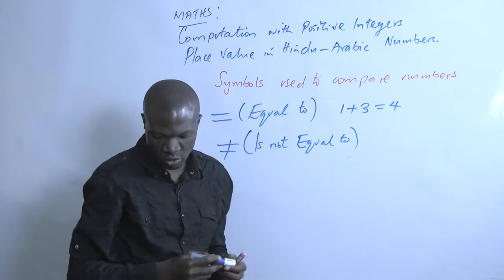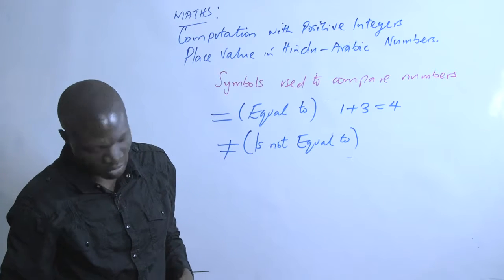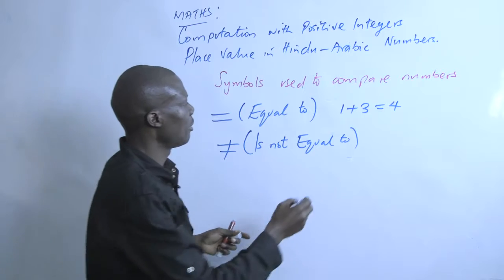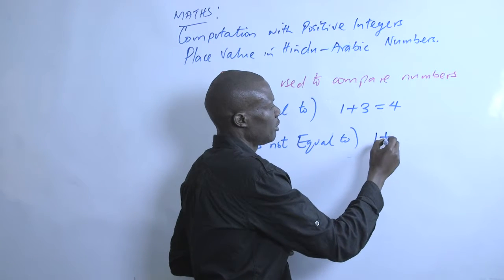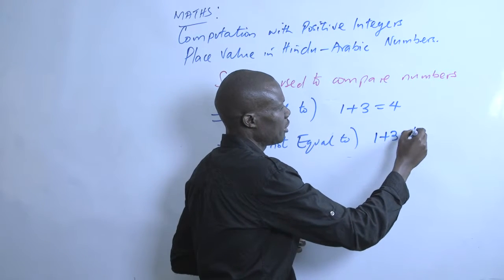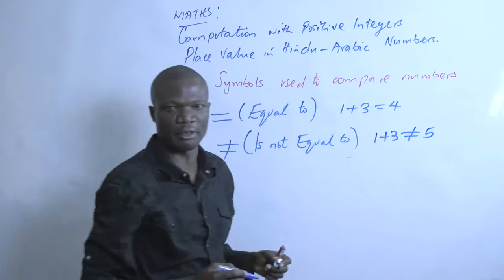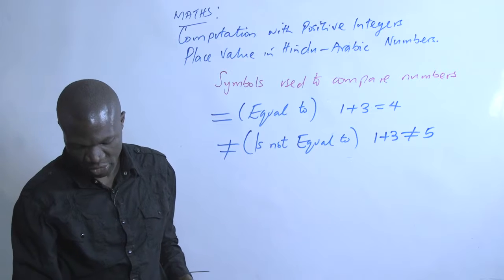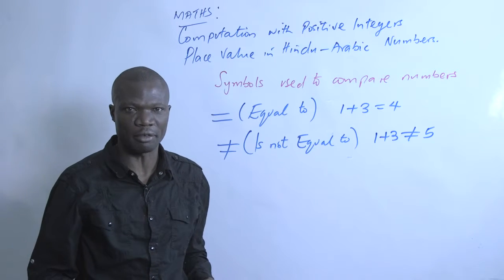We can simply illustrate this by saying that 1 plus 3 is not equal to 5.